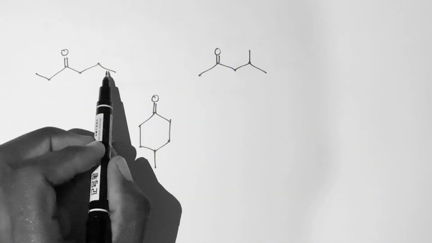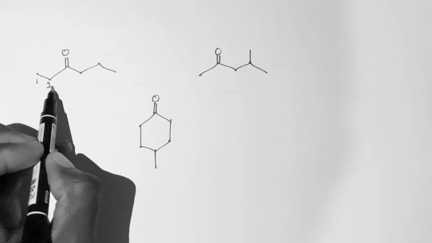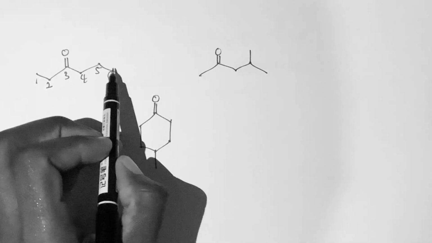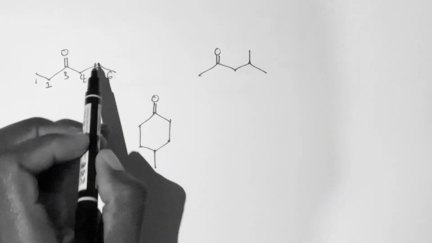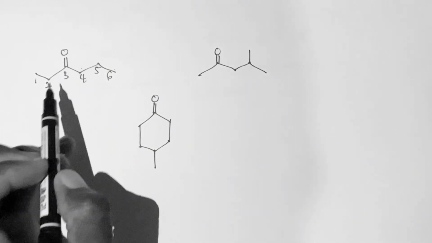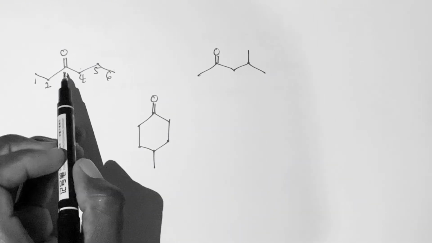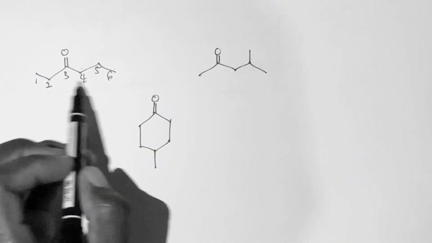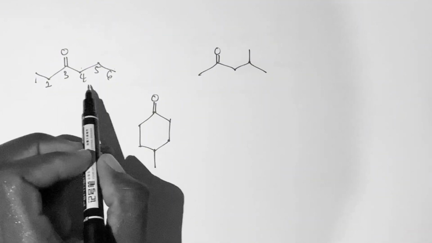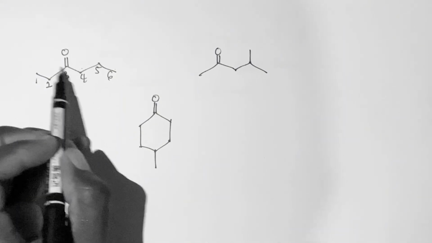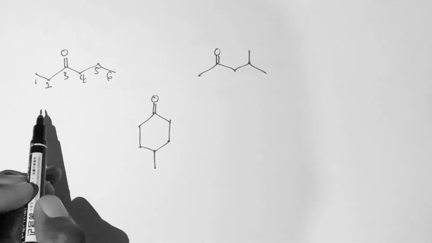So let's number this. So here becomes 1, 2, 3, 4, 5, and 6. But if we start from the other side, here is 1, 2, 3, 4. But you see that 3 is less than 4. So we must always ensure that we get the functional group or the substituent on the least number of carbons. So we are talking about the case of a hexane, but the carbonyl carbon is on carbon number 3.